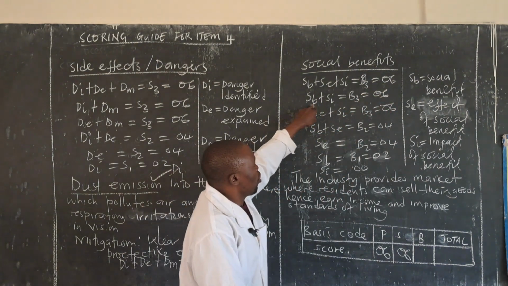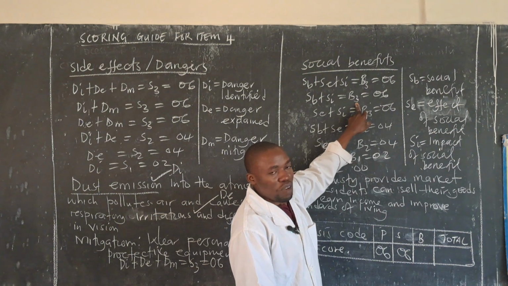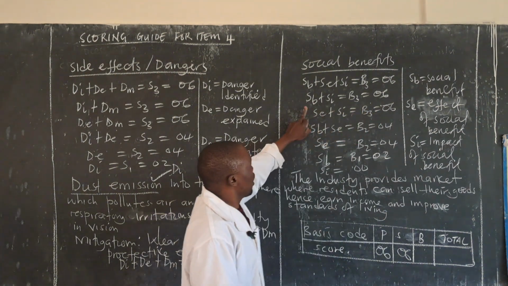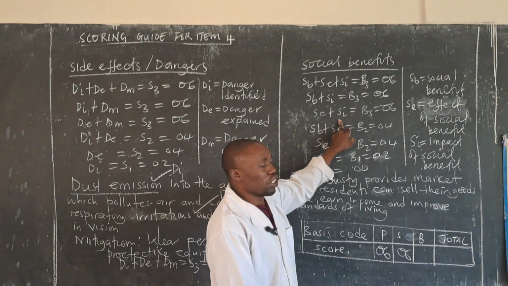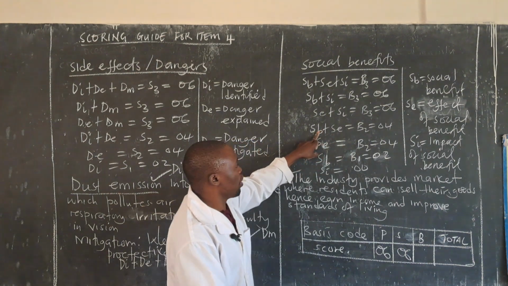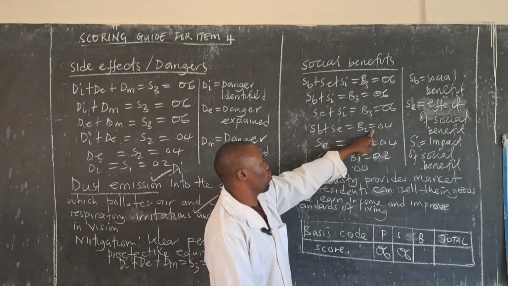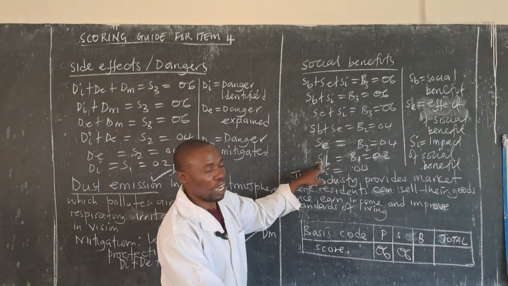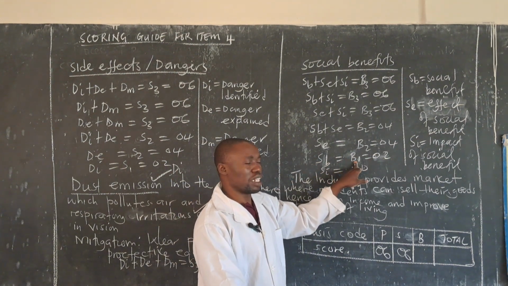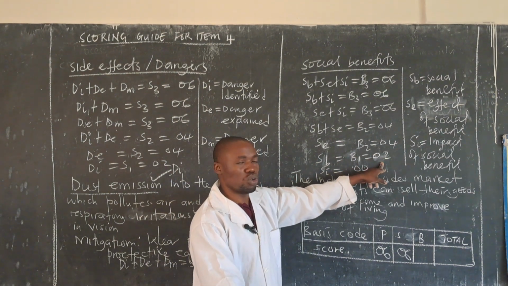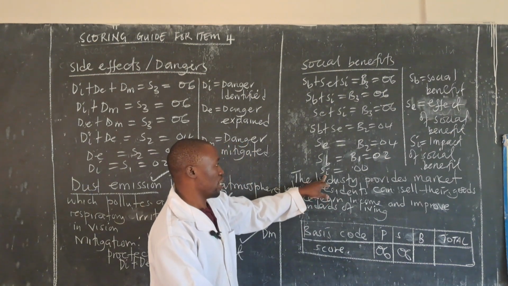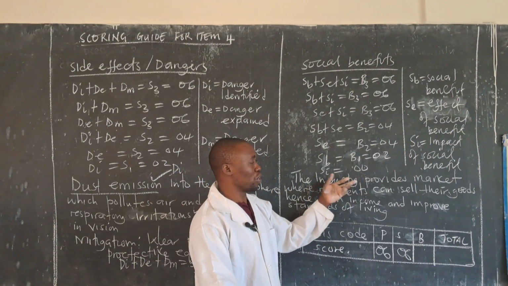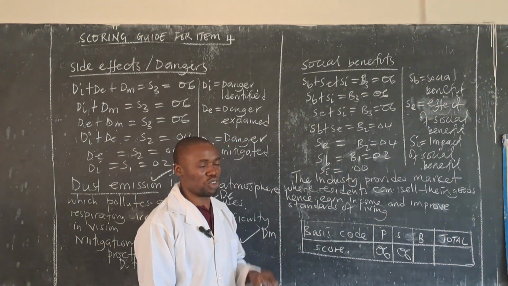Social benefit alone with the impact, also third level of assessment, 0.6. The effect with the impact is 0.6, but social benefit with effect alone is 0.4. Effect of social benefit alone is 0.4. Social benefit alone, lowest level, first level of assessment, 0.2. So impact alone, 0.0, because impact of which social benefit?